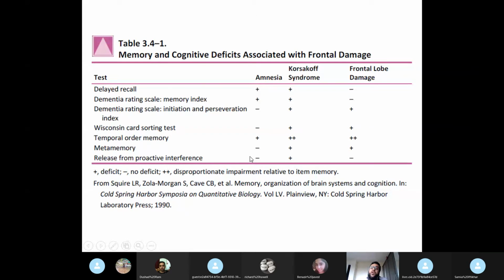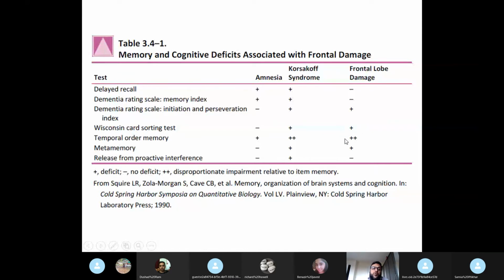Now, if it is pure frontal lobe damage without Korsakoff syndrome, then you don't see memory disturbances. The memory index should be normal in pure frontal lobe syndrome. But they will show perseveration, difficulties in initiation, and abnormal Wisconsin card sorting tests.